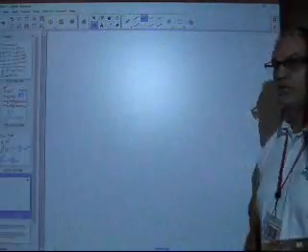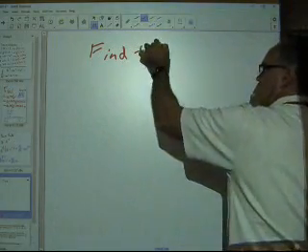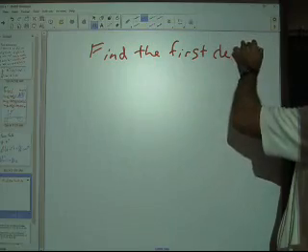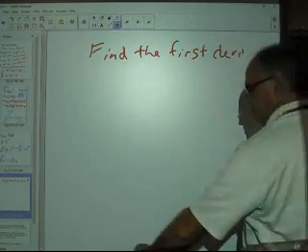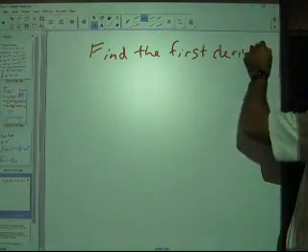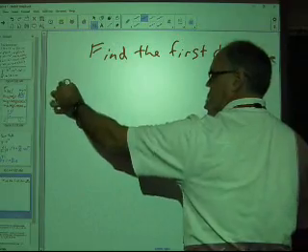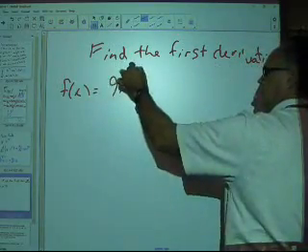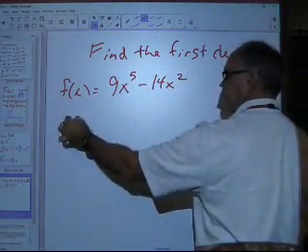So let's find the derivative. If I say f of x is equal to 9x to the 5th minus 14x squared, find the derivative of these.